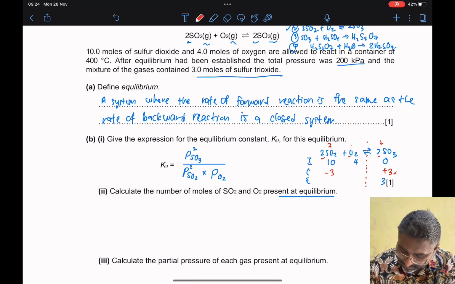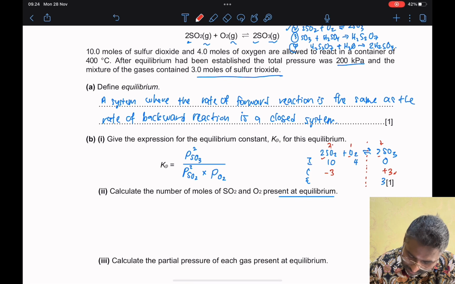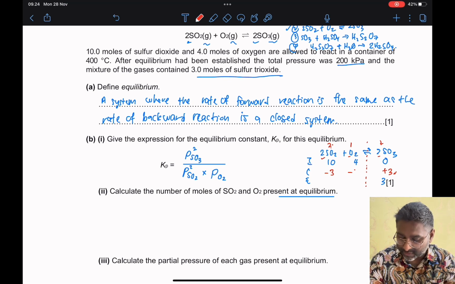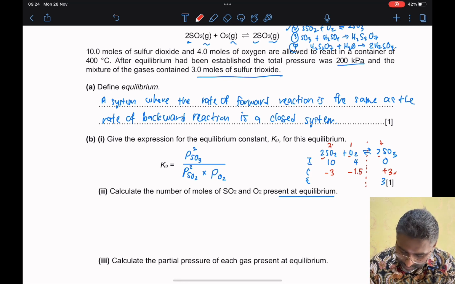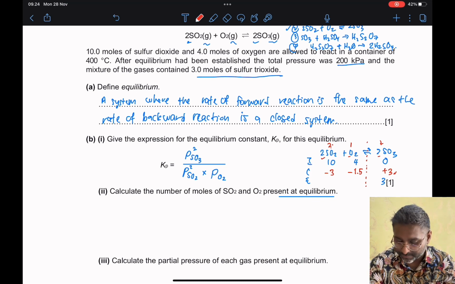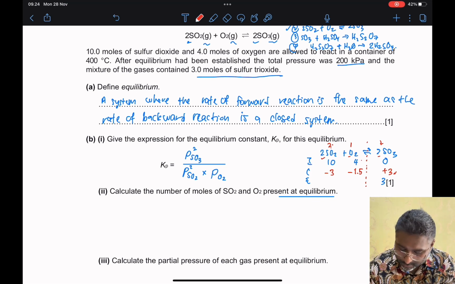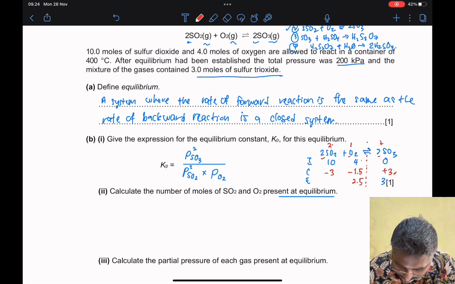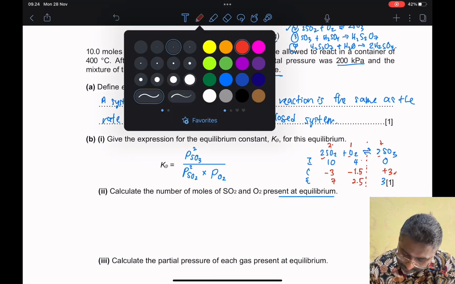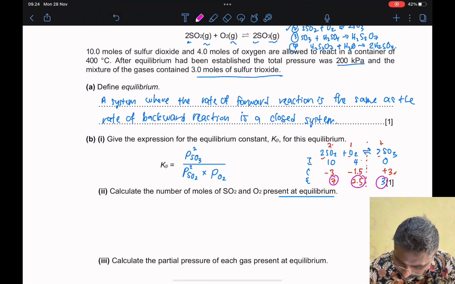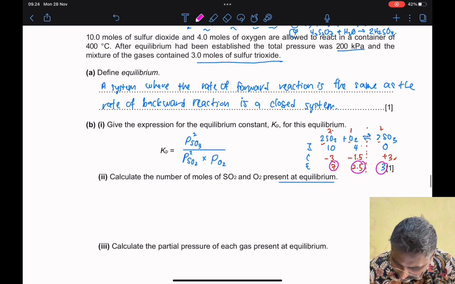For oxygen, the ratio is 2 to 1, so it's minus half of 3, minus 1.5. So 4 minus 1.5 is 2.5, and 10 minus 3 is 7. All these we will use for our calculation.